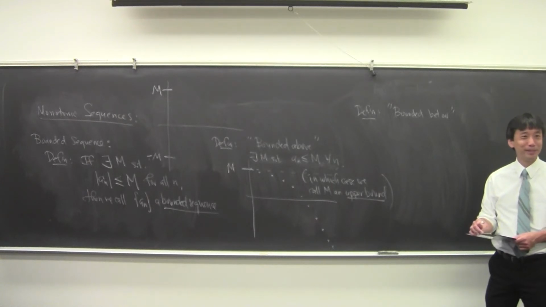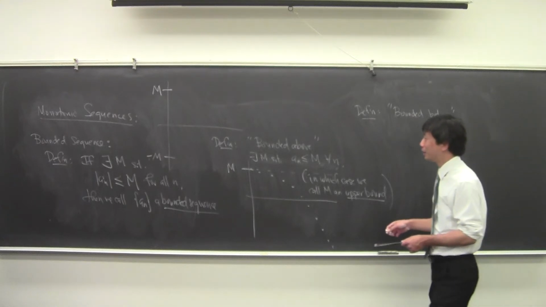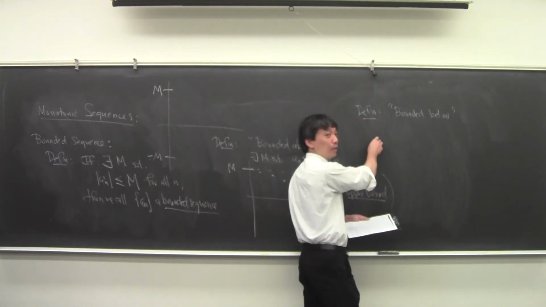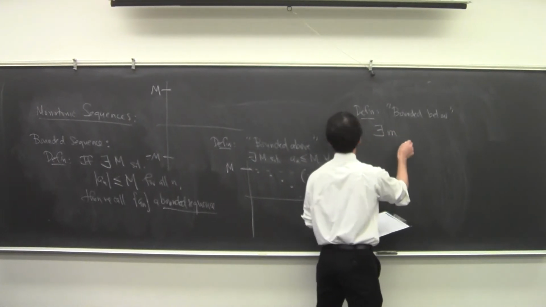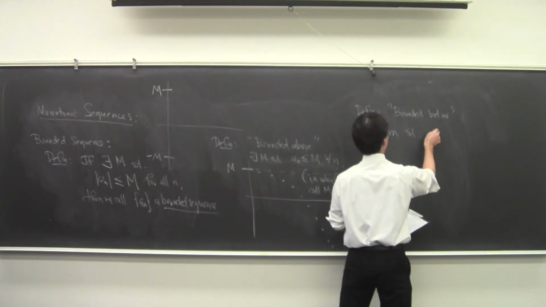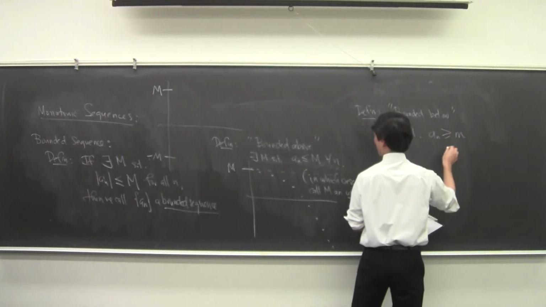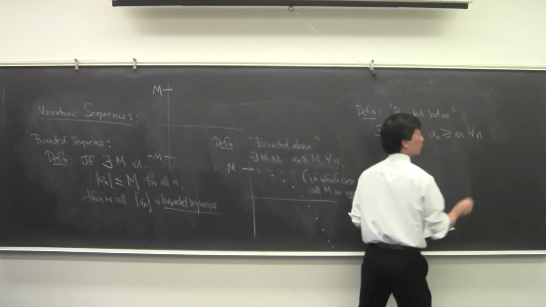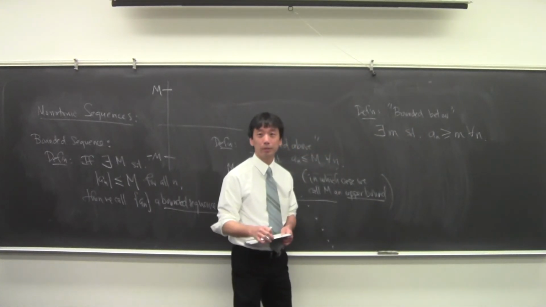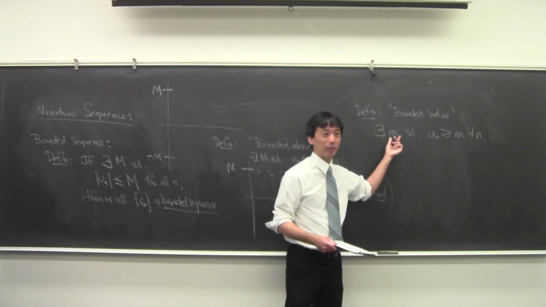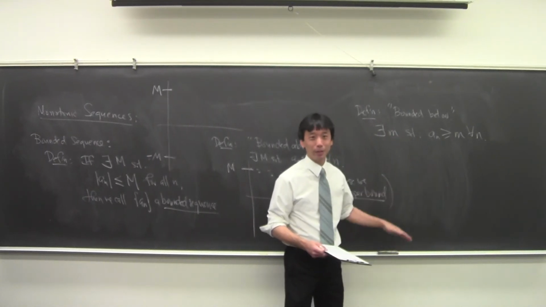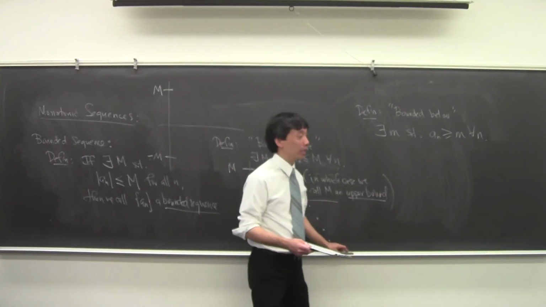Okay. I hope you wrote something like this: there exists an m such that a sub n is greater than or equal to m for all n. Typically, you could have used the big M here also, but typically one uses a little m for the lower bound, and a big M for the upper bound.